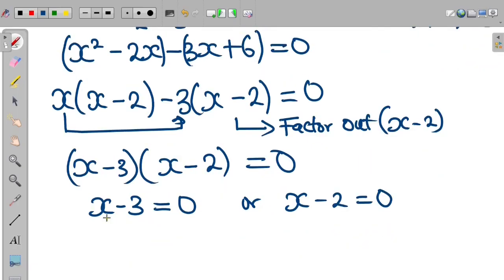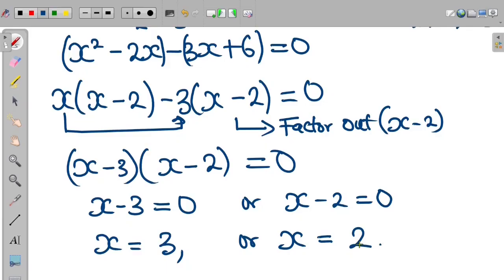So therefore, we have that x is equal to 3, or x is equal to 2. So at this point, we have been able to provide the solution for the quadratic equation using the factorization method.